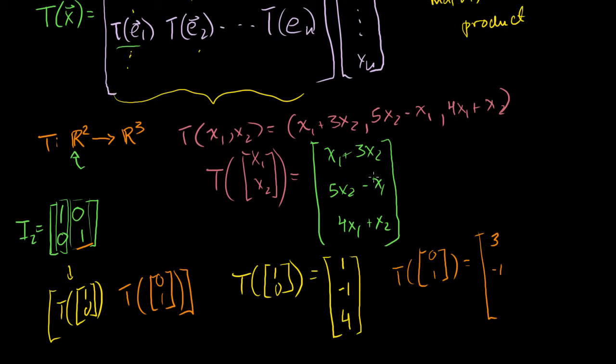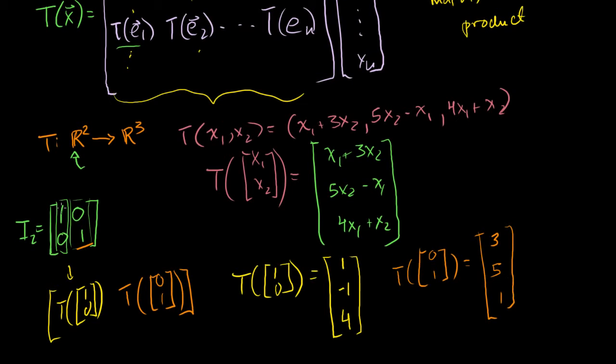And then, no, yeah, 5 times 0 minus x1, which is 1. Now in this case, it's 5 times, oh, I have to be careful. This is 5 times x2. x2 is 1. So 5 times 1 minus 0. So it's 5. And then I have 4 times 0 plus x2, which is 1.